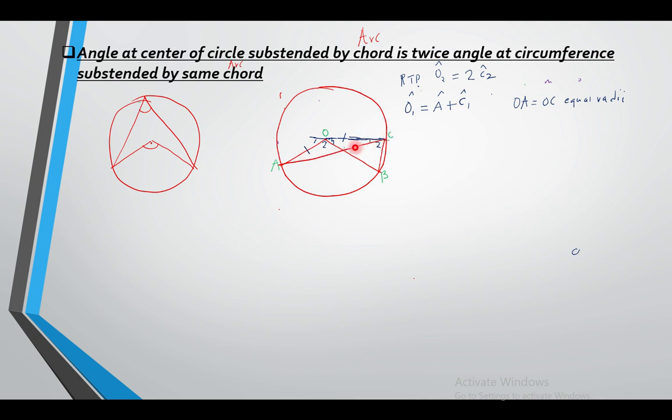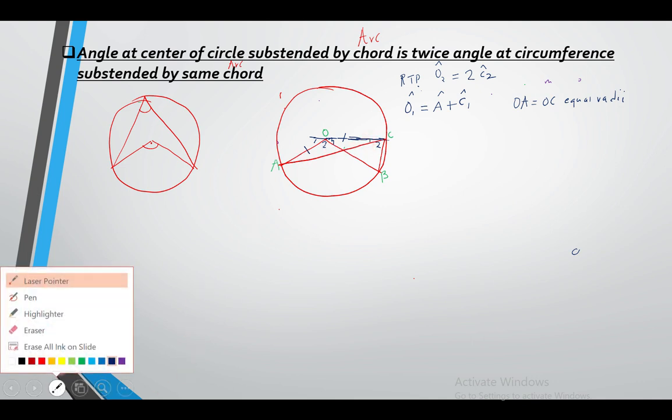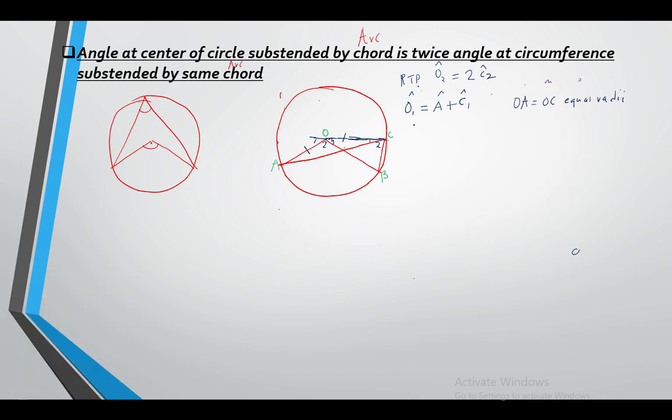The angle A and the angle C1. So A equals C1. Why? These two angles are opposite the equal sides.